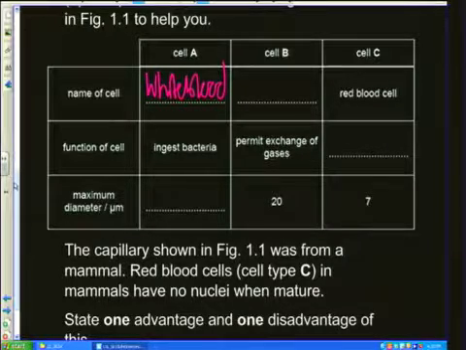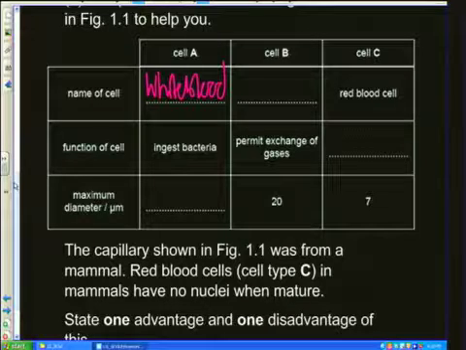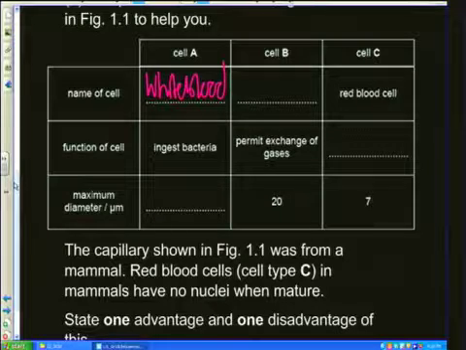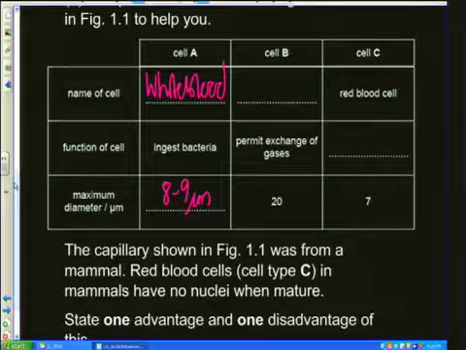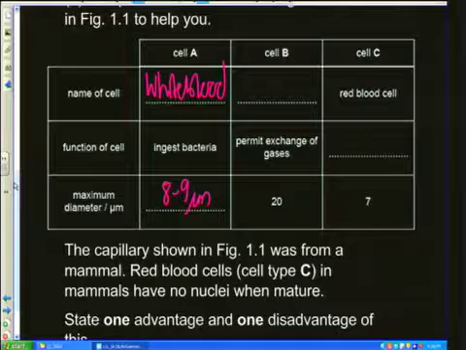And here you will see it's asked for the size. Now, my white blood cell is slightly larger than my red blood cell, so we can maybe have 8 to 9 microns. So we're going to have something that's slightly larger. So that's my white blood cell.